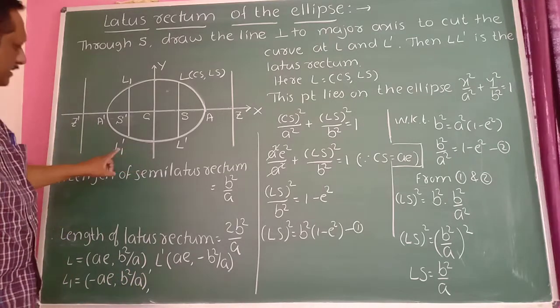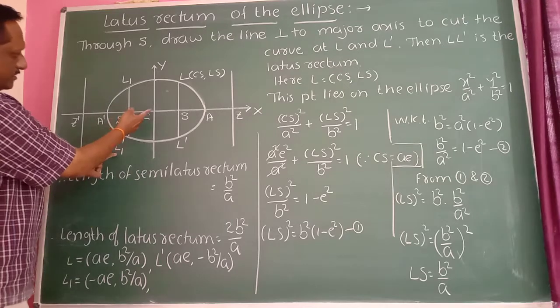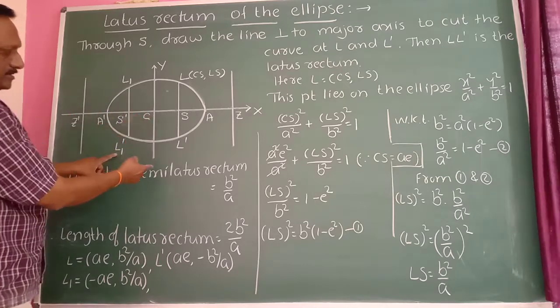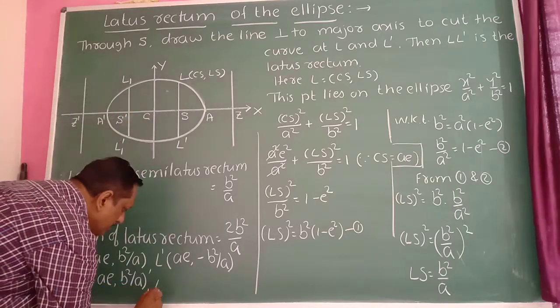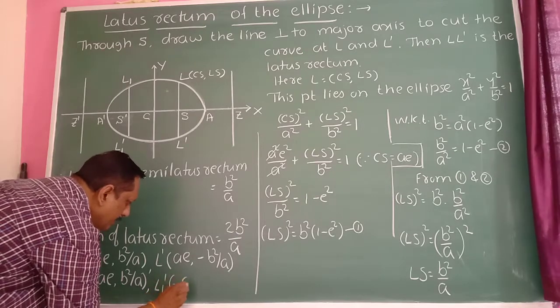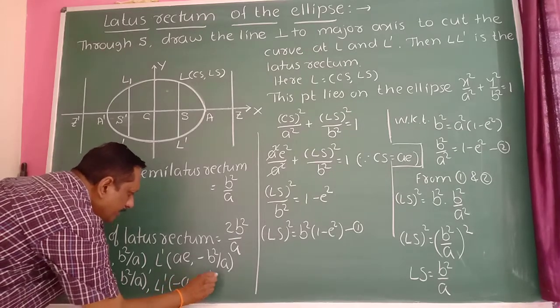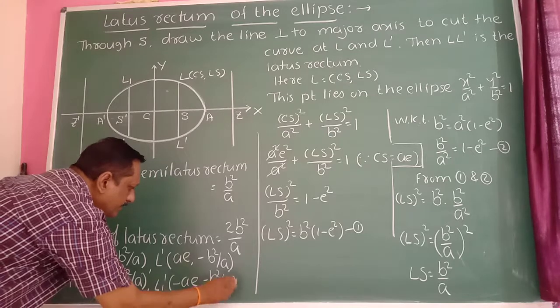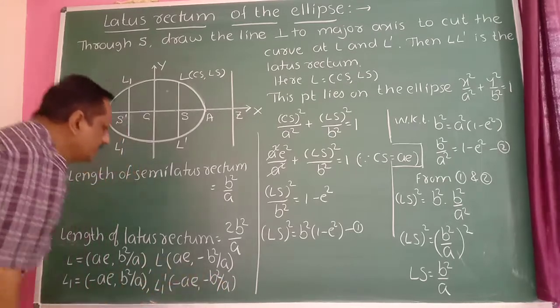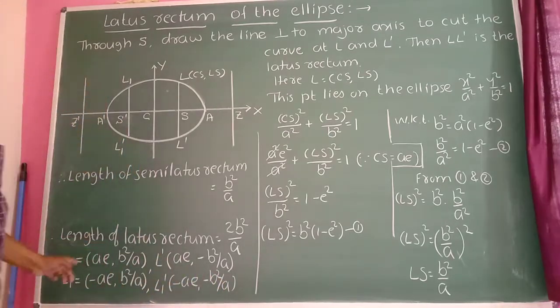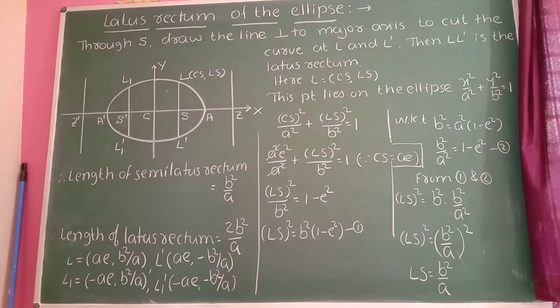Then L1 dash is in the third quadrant, where both x and y are negative. So L1 dash is minus AE comma minus b square divided by a. So these are the ends of the latus rectum. Very important results.